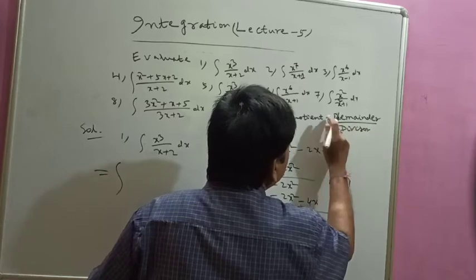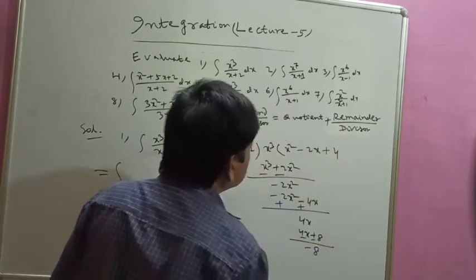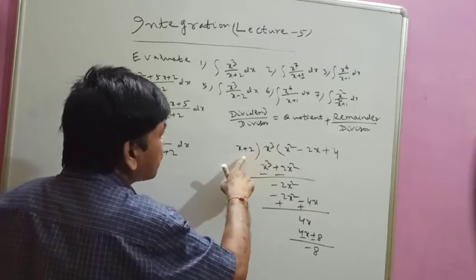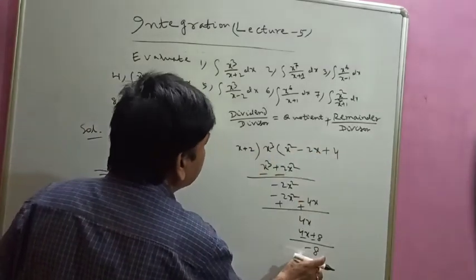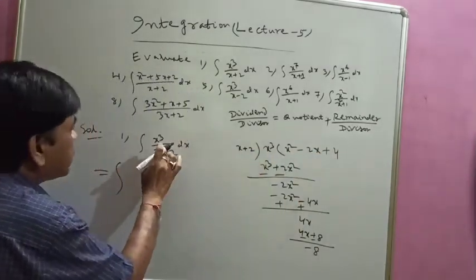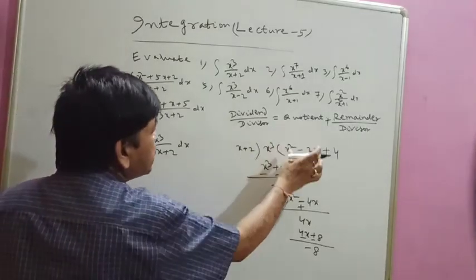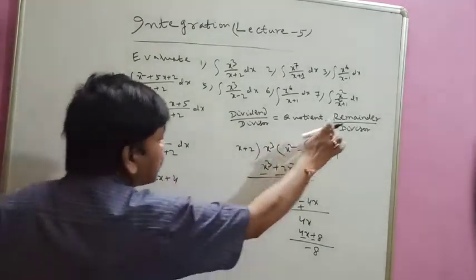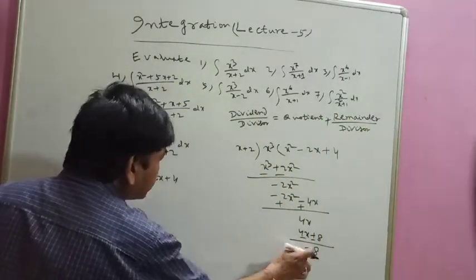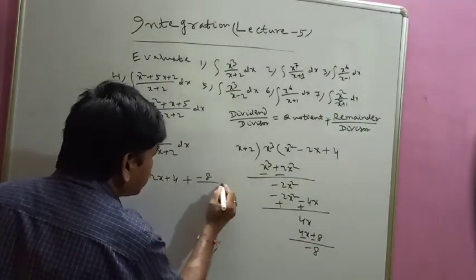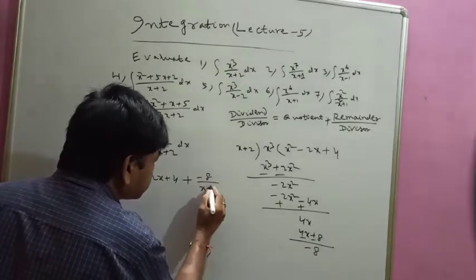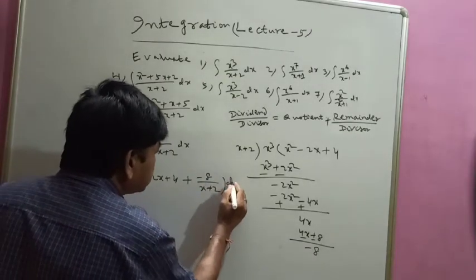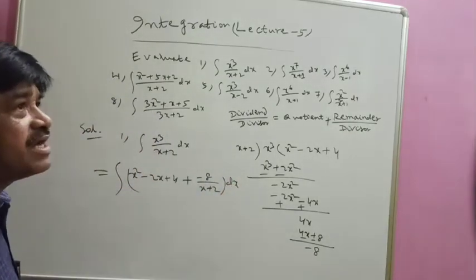That's why we split like this. So now this is dividend by divisor, so we will write the quotient. Quotient is x square minus 2x plus 4, plus remainder by divisor. Here remainder is minus 8, and divisor is x plus 2. Clear? So now we have to integrate this.